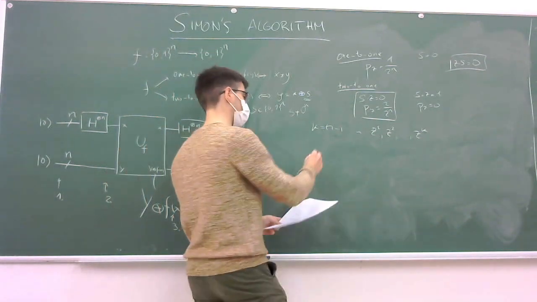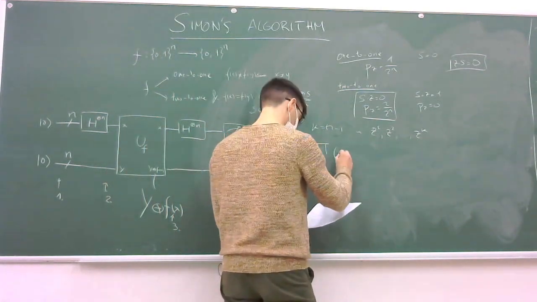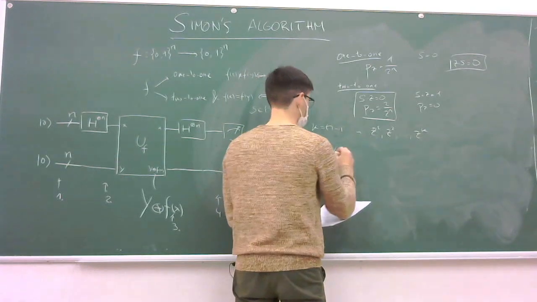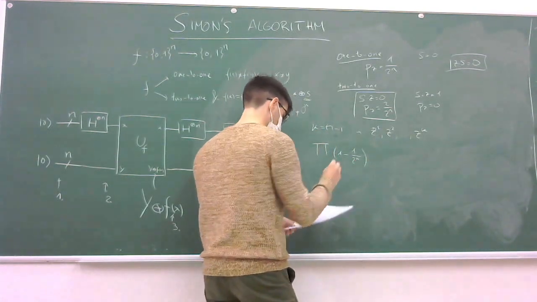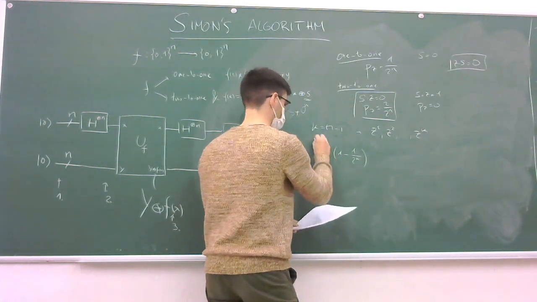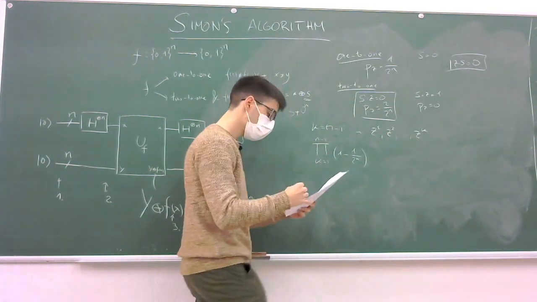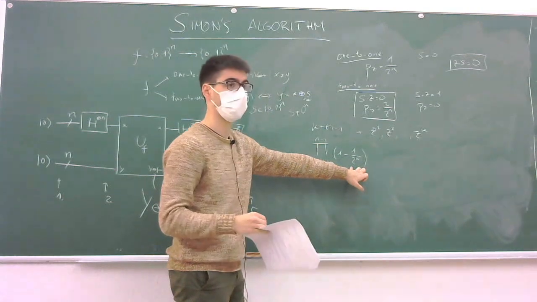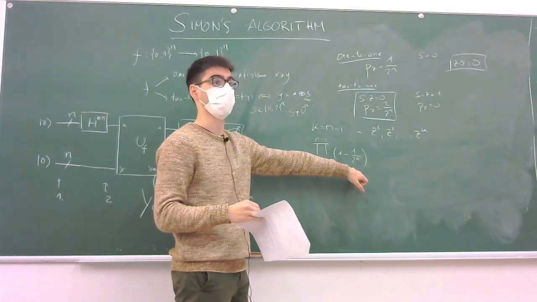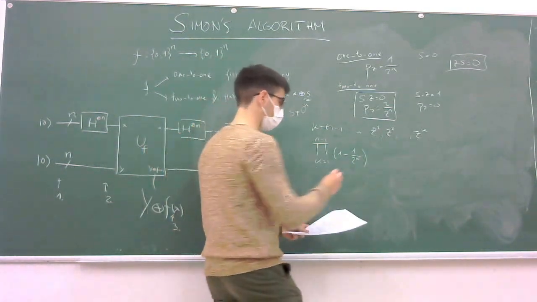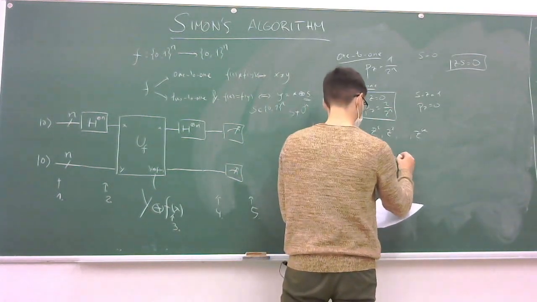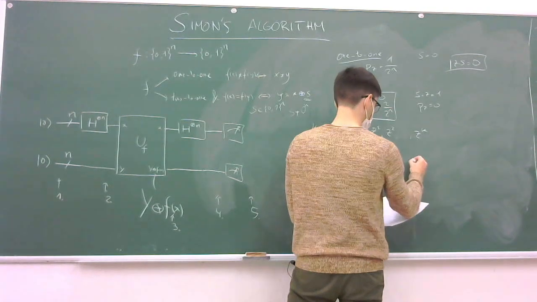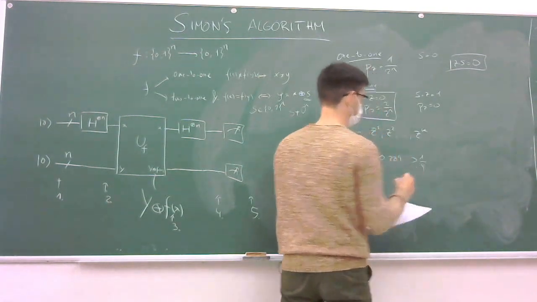It's the probability that, for each k from 1 to n-1, you measure a string that you have not already measured. And this is more or less 0.284, which is a bit higher than a quarter.